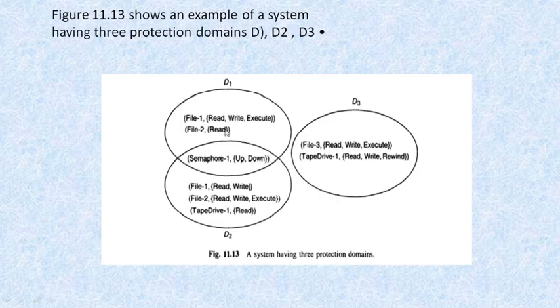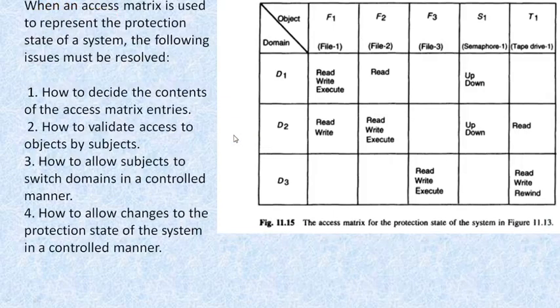But here, file 2 has only read permission. The same we have written in this matrix. Like this, in any number of domains we can add, and we can add any number of objects to this matrix. By looking at this, it will control the access of the user.